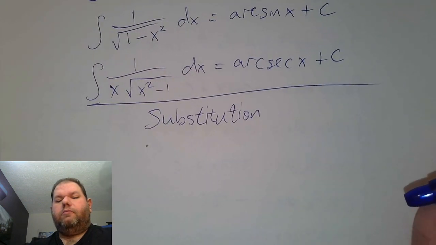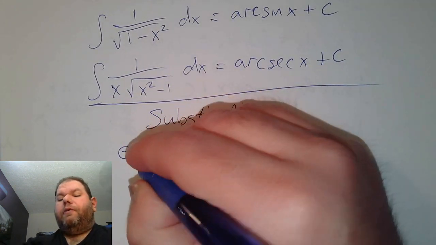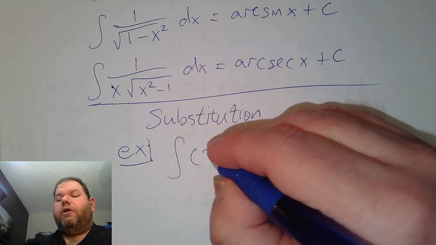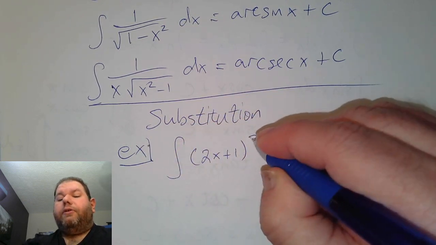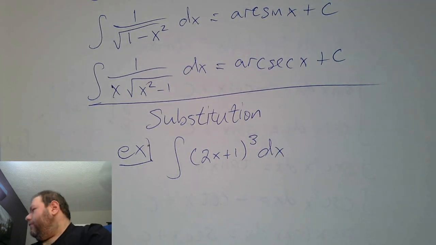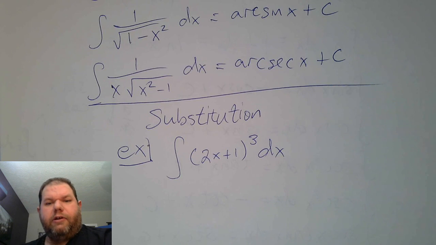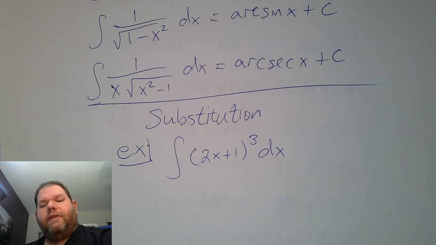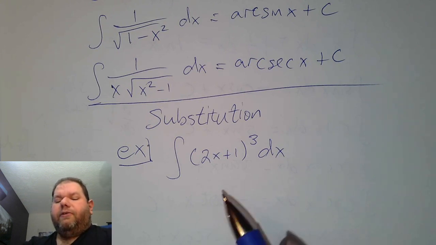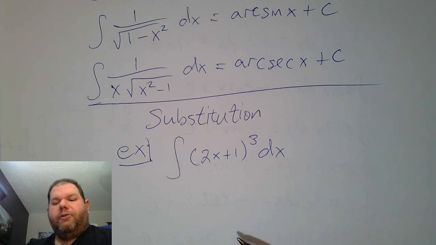So, if we say, for example, we have the integral of 2x plus 1 to the third dx, we know that if we spend enough time, we could actually cube that polynomial, multiply it out, and then integrate using just nice power rules. But that takes a lot of time, and I think the answer is a little more complicated in that sense, because here we'll still be able to write the answer as one term, which I think is nice.